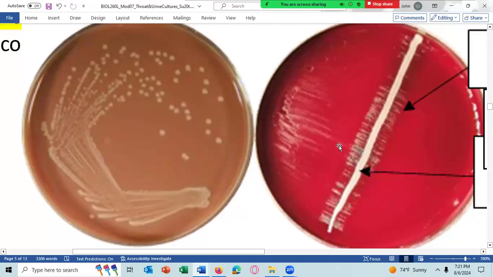And the Haemophilus influenzae grows in this region here, but only near the Staphylococcus aureus, because the Staphylococcus aureus is lysing the red blood cells and allowing the ingredients required by Haemophilus influenzae to diffuse out to here. But beyond that, like in this region here, it is not growing, because the stuff being released by Staphylococcus aureus from the red blood cells is not diffusing out here. Any question about any of that?